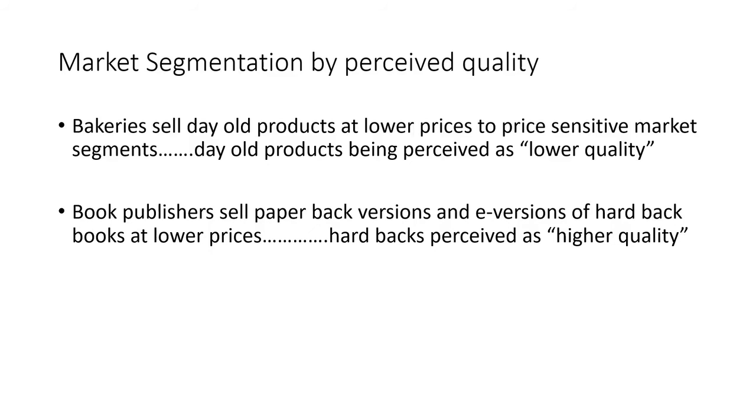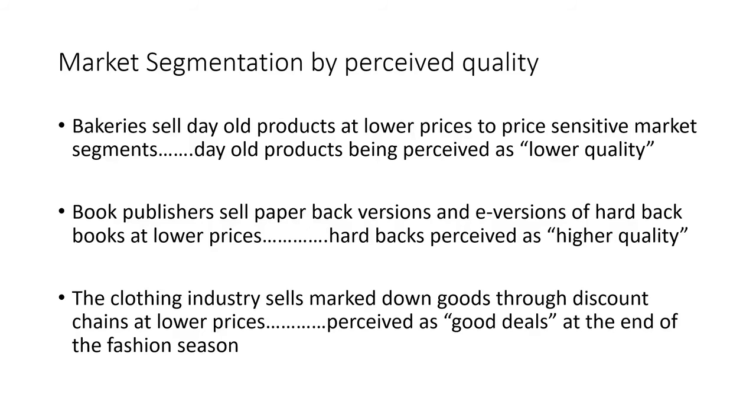Book publishers sell paperback versions of books and e-versions of hardback books at lower prices. And the reason for this is not only the cost involved with paperbacks and e-versions versus hardback books, but the fact that hardback books are perceived as the higher quality product.